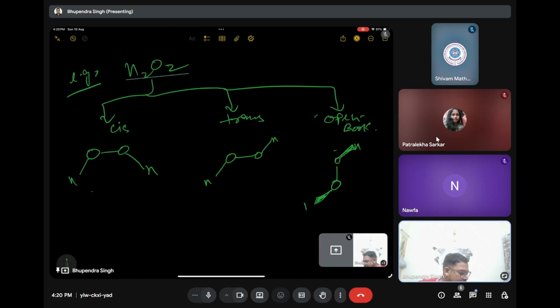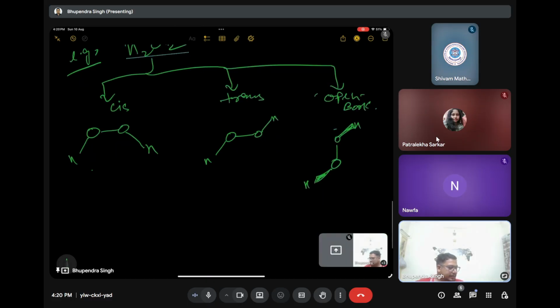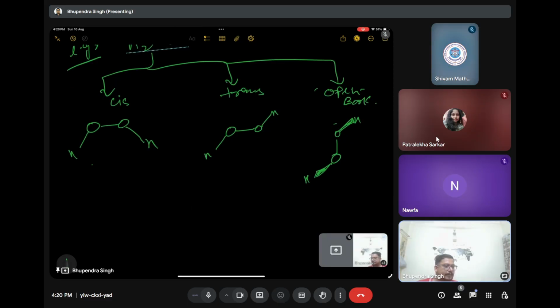Yes. Now tell me, what is the point group of this? If you are able to directly calculate the point group, it is much better. If you are not able to calculate the point group directly, then follow the procedure I am following.